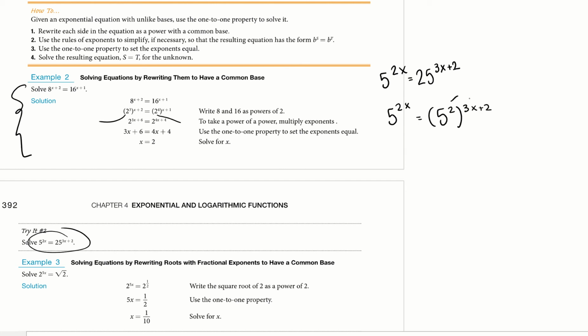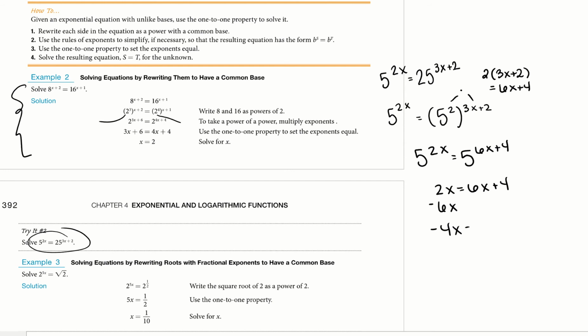And properties of exponents says that I have to multiply these two. So I'm going to get 5 to the 2x equals 5 to the 6x plus 4. And I would solve the exponents. So that's minus 6. It's minus 4x equals 4 divided by negative 4, so it's going to equal negative 1. So that's what x equals here.